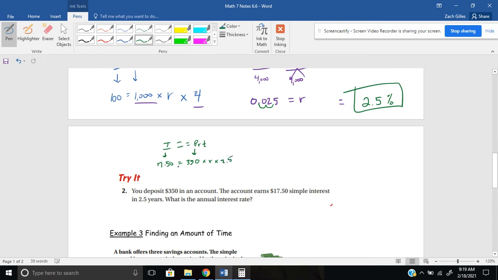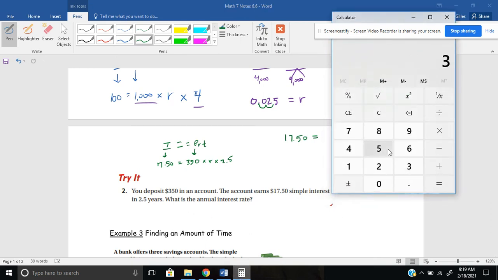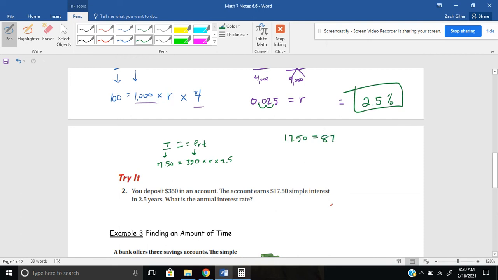So a little math here. 1750 equals, I need to do 350 times 2.5 to simplify. 350 times 2.5 would give me 875. So 875 times R.